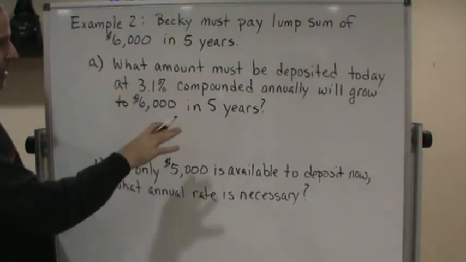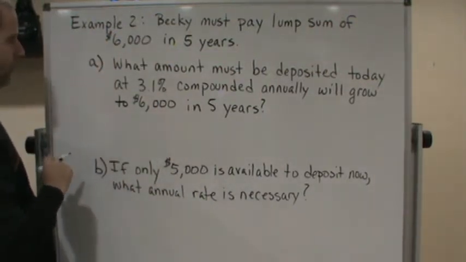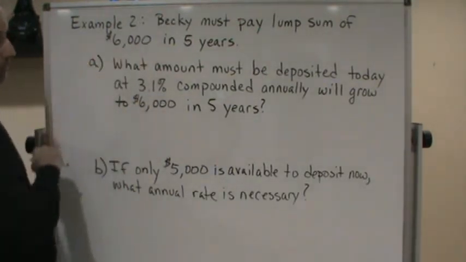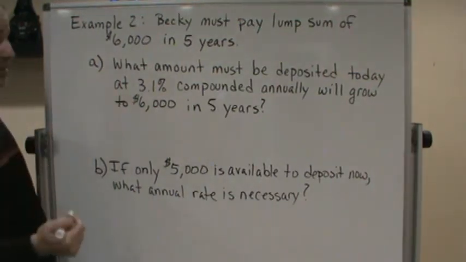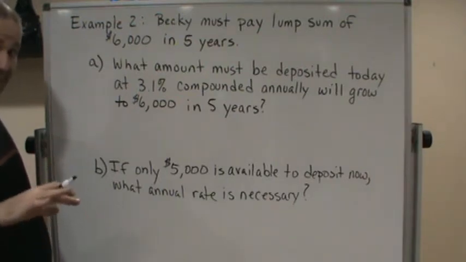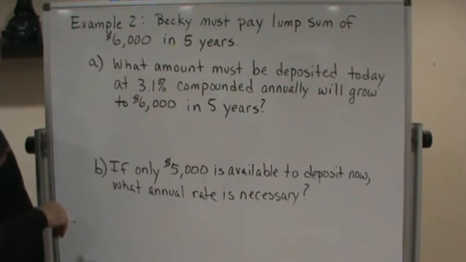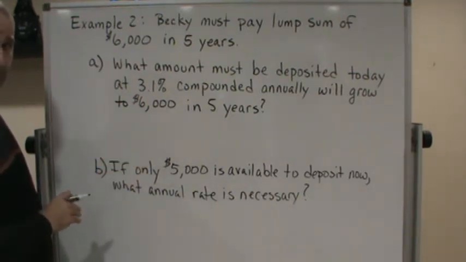Okay, so in this case, you're not being charged any interest on the loan, so that was my mistake. There's no interest being charged on the loan. You just need to be able to pay that money back. Let's say you borrowed $6,000 from a friend. I would highly recommend never doing that. But let's say Becky decided to borrow $6,000 from a friend, and the friend said, you know what, just pay me back the full amount in 5 years.